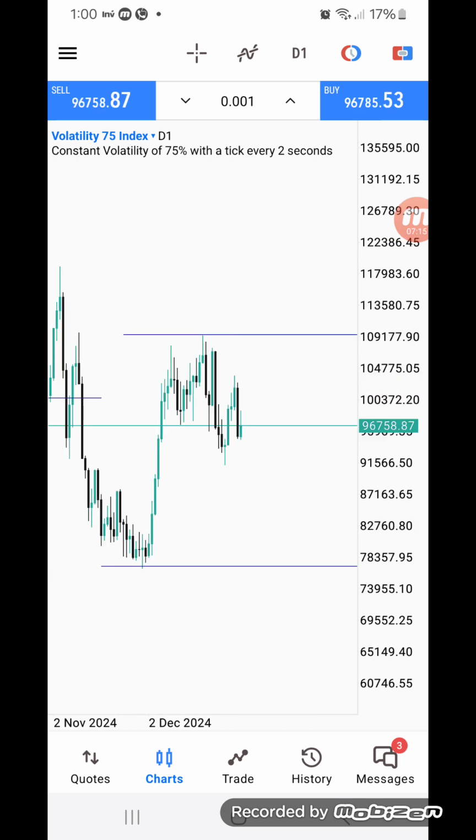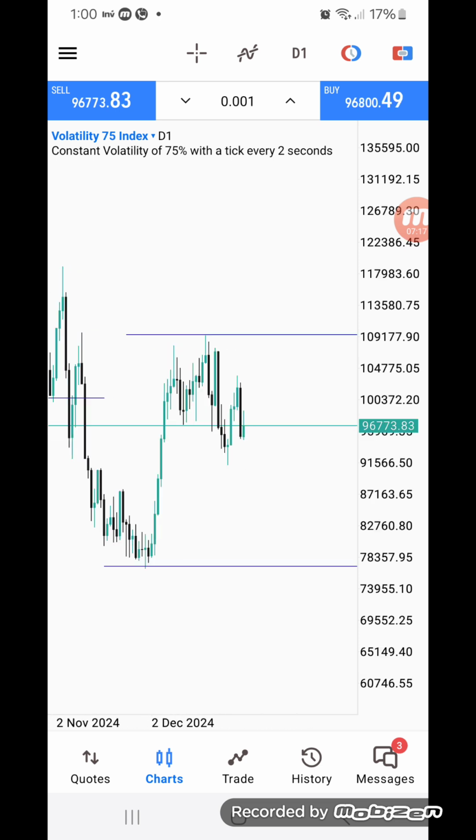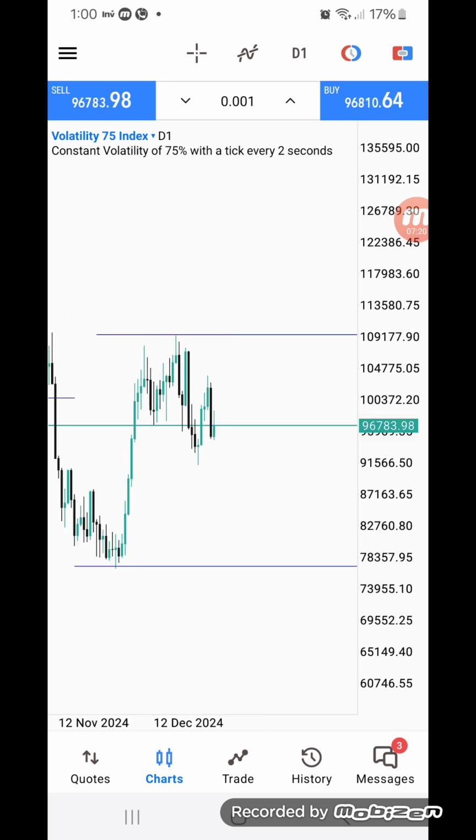So on the daily time frame, at least now we can see how the market is aligning itself.